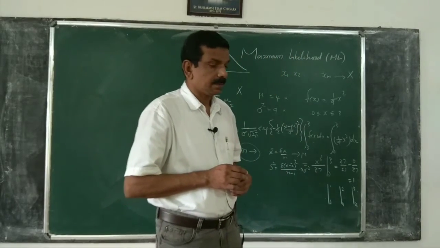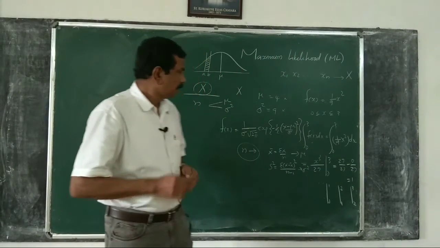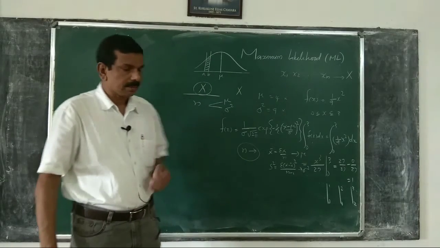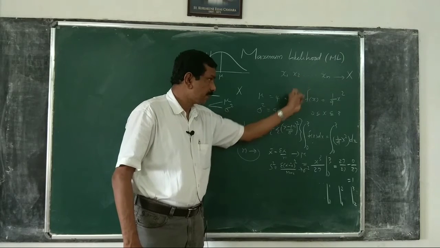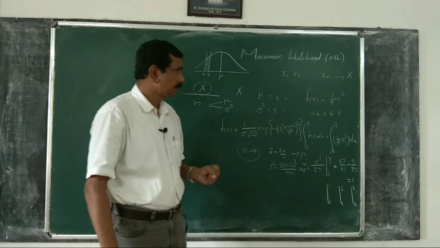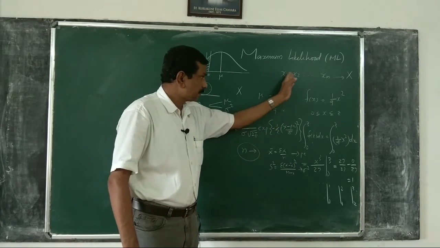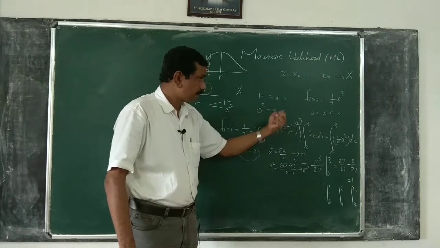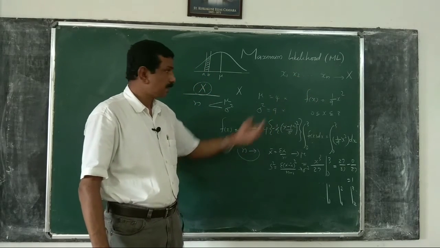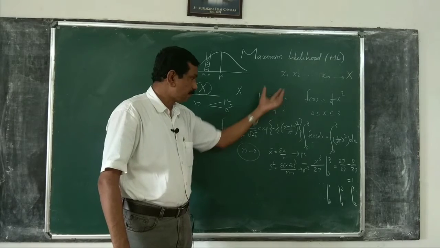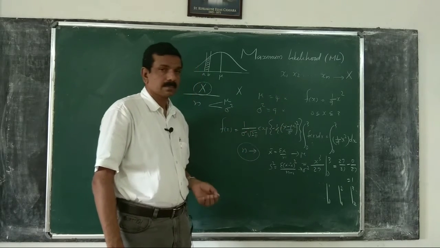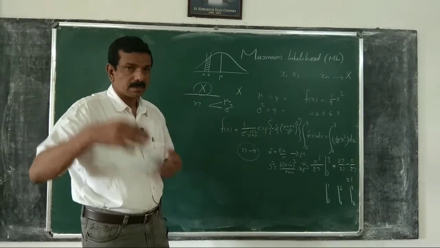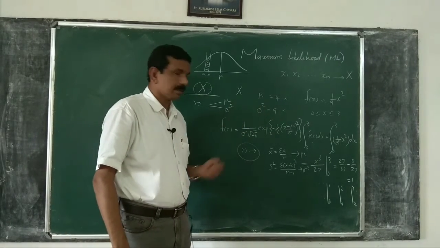Or stated differently, as I told you earlier, if x1, x2, xn are randomly taken from a population, each observation has a certain probability of occurrence in any sample. This probability can be calculated if mu and sigma square are known.